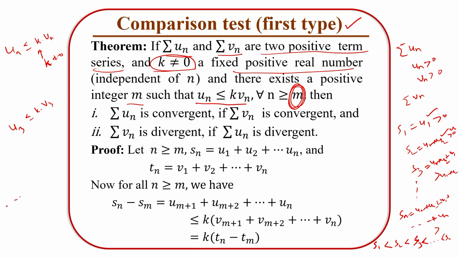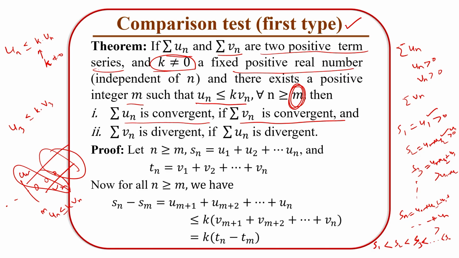So after this fixed positive integer m, for each term of these two series un and vn, you can compare, and if it happens that un is less than k into vn, then if sigma vn is a convergent series, that leads to sigma un being convergent, and if sigma un is a divergent series, that leads to sigma vn being divergent.